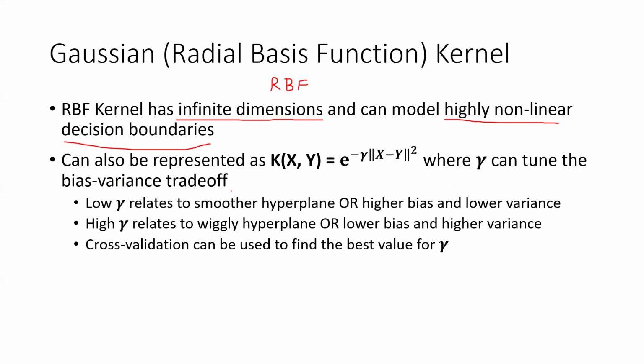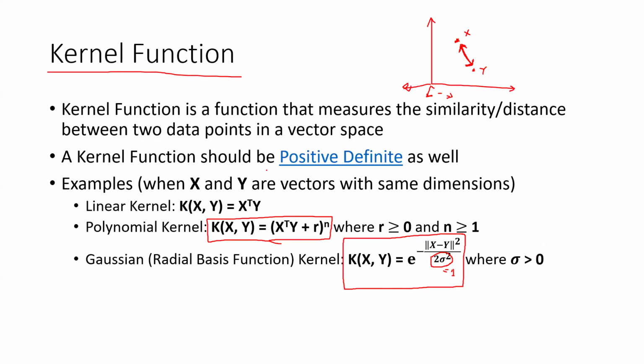It can be represented like this as well. Let's move to the original notation. The Gaussian kernel is represented as e to the power of minus the norm of x minus y squared divided by 2 sigma square, where sigma is a positive value.